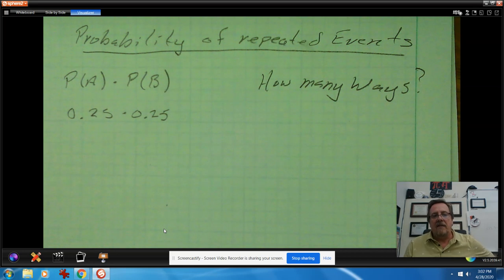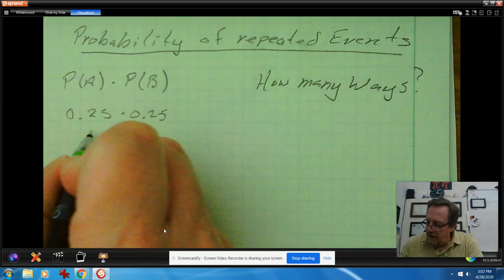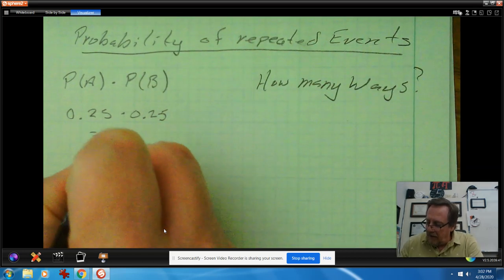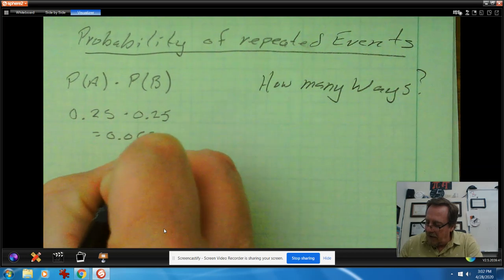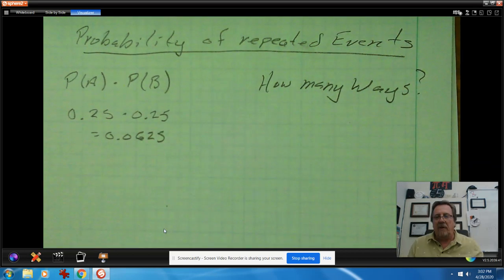That's an AND. Multiply 0.25 times 0.25 to get 0.0625. That would be the probability that it rains on both days. So when you're looking at the probability of things happening together, you just multiply them all together.